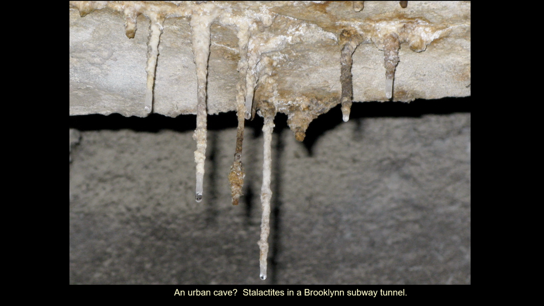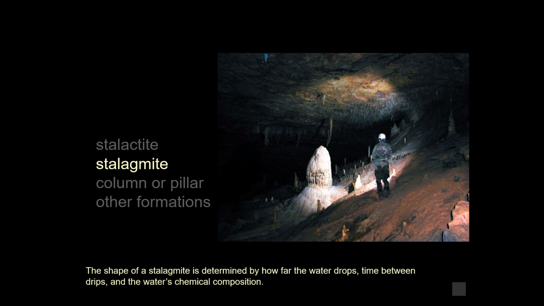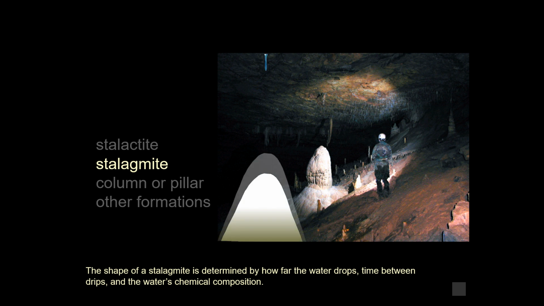This is an urban stalactite in a subway tunnel. It may not form in exactly the same way, but the stalactites look similar. Okay, stalagmites form from the bottom up. Same idea, dripping water. You don't always have a stalagmite growing below a stalactite. They can form independently or together.